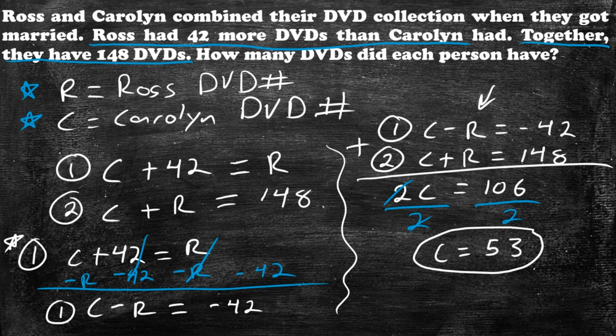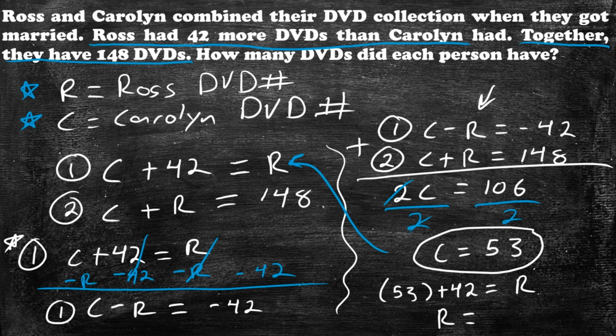Now to find out how many DVDs Ross had, we can plug C equals 53 into either equation 1 or 2. I'm going to plug it into equation number 1. We have C, which is 53, plus 42 is equal to R, which is Ross's number of DVDs.